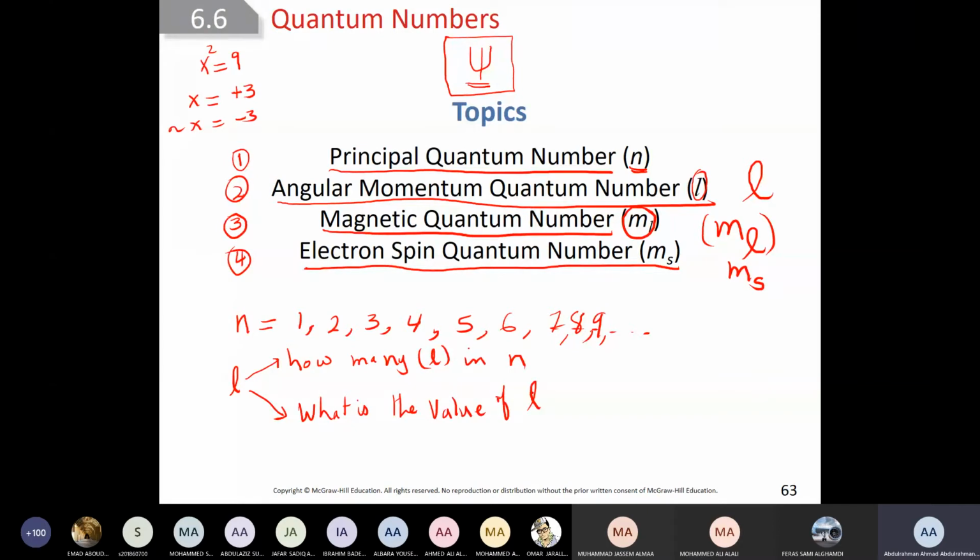If I ask how many L, you should take the value of n, and the answer is n, the same number. What are the values for L? You should start with 0 and go all the way to n minus 1. Take these notes, very important.